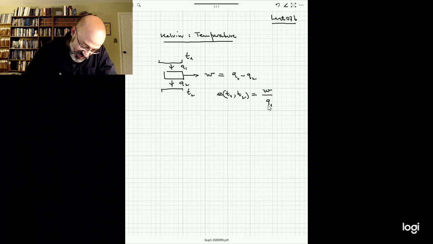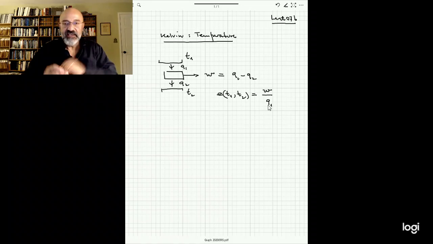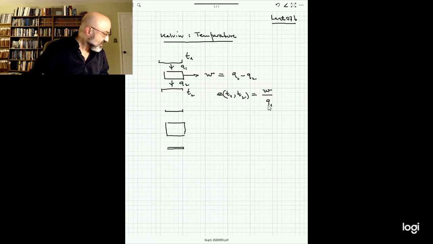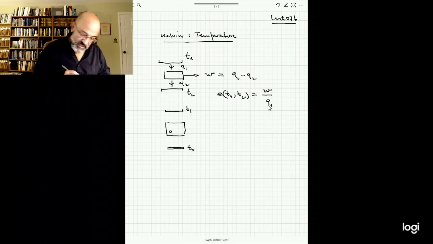Well, he said, consider the following. Imagine that you have two of these engines in series. So we have one engine here, and this engine operates from T1 to T2, and this is engine A.